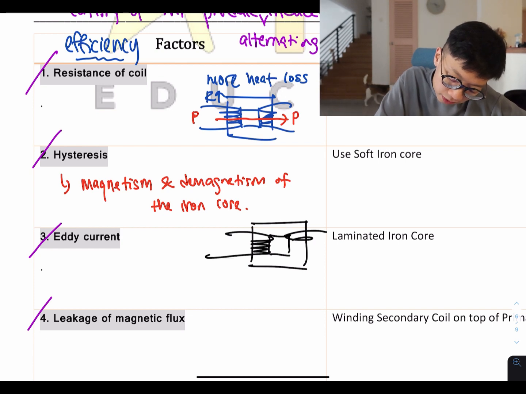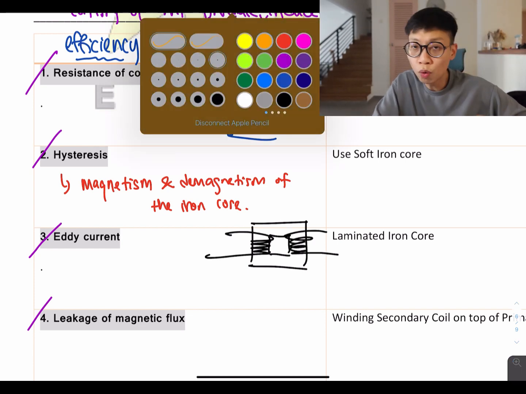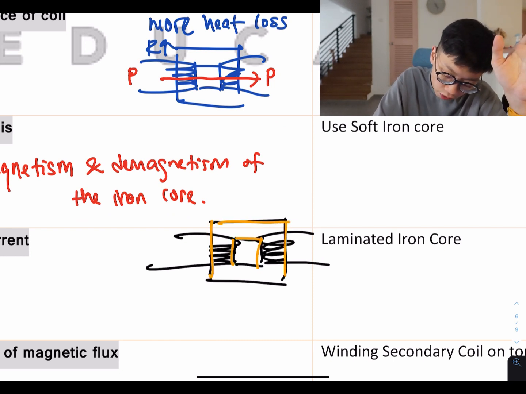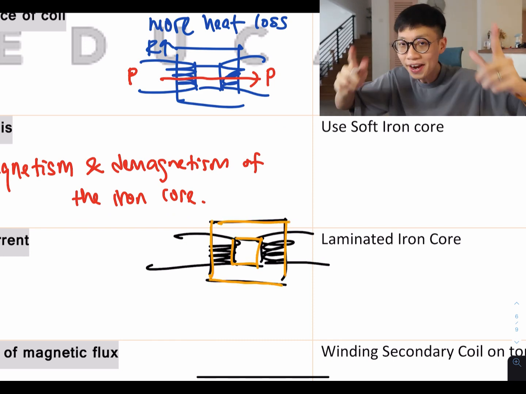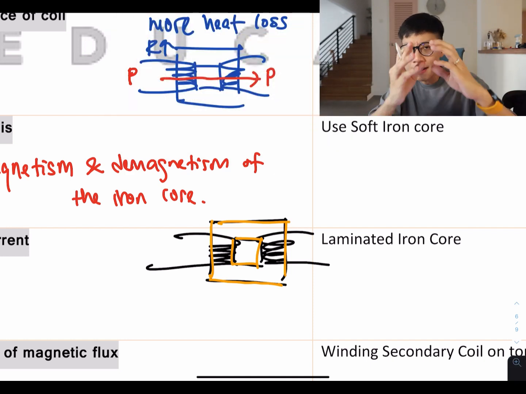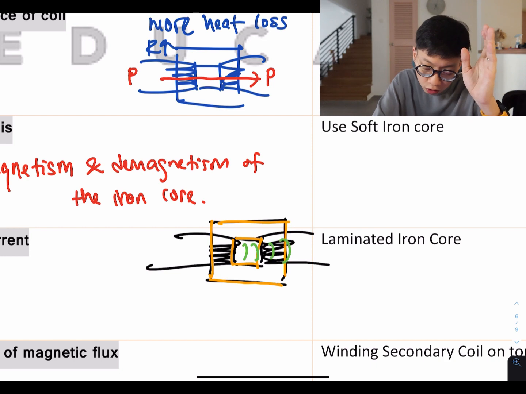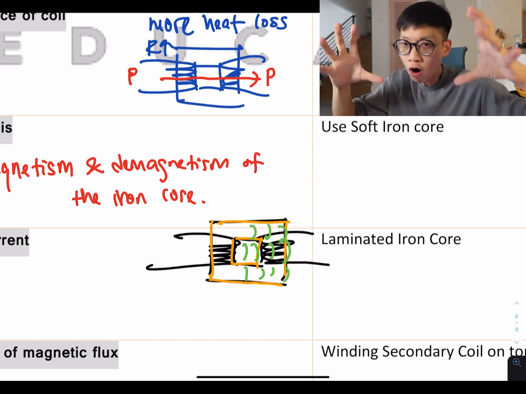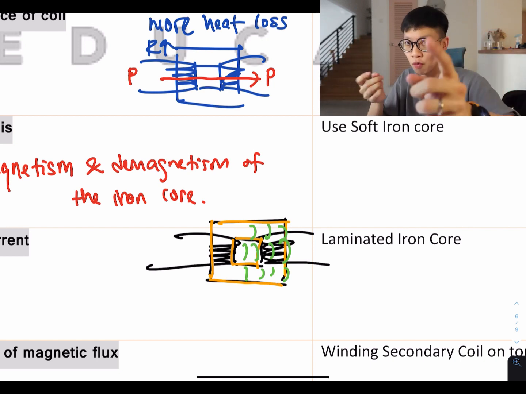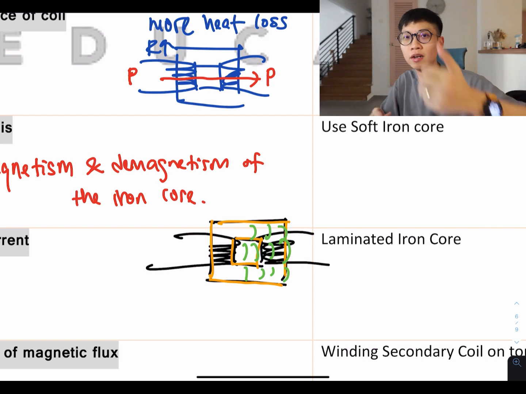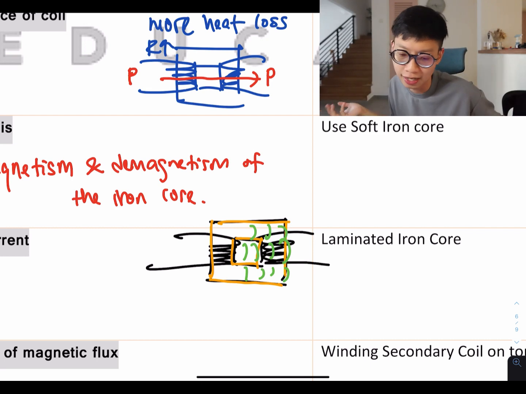You don't want current to flow in it, but this orange colored iron core actually helps to produce more magnetic field. It amplifies the primary coil to give you more magnetic field. Why? Because if your core can be magnetized, it will produce more magnetic field, so you will have more cutting. Good. More cutting means more electricity.